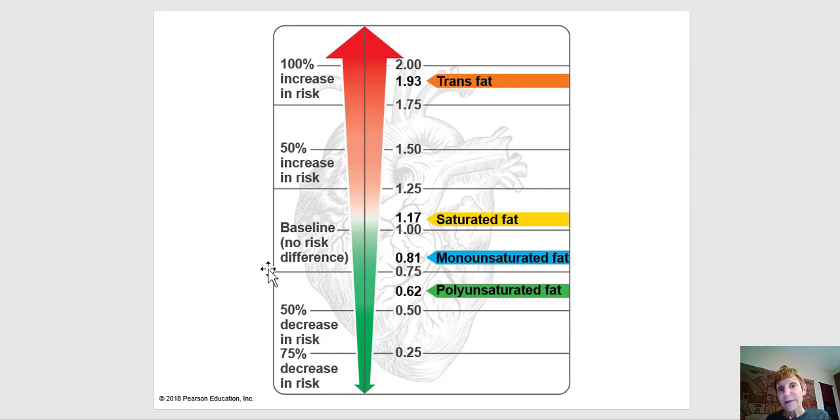And you have no extra risk. If you add more saturated fats than normal, your risk goes up to 1.17. That means your risk of heart disease is 17% increased over a normal healthy diet.